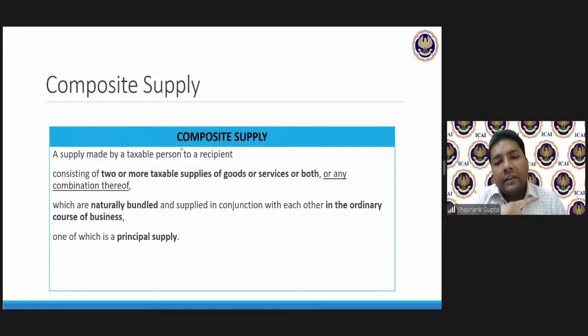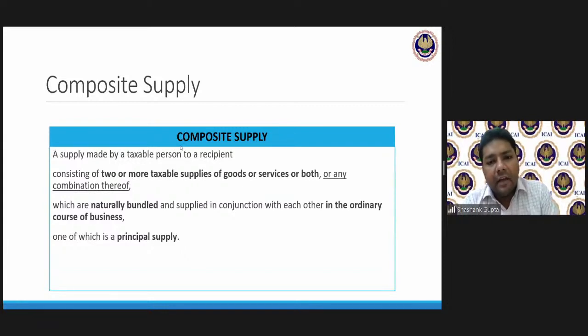Not even that, ignore this. For software, specifically a list of software related items have been covered under supply of services. Please go back and refer to the study material.